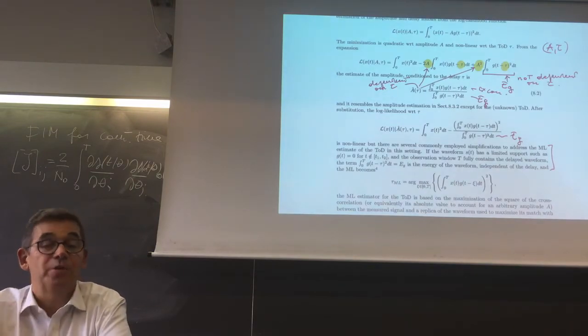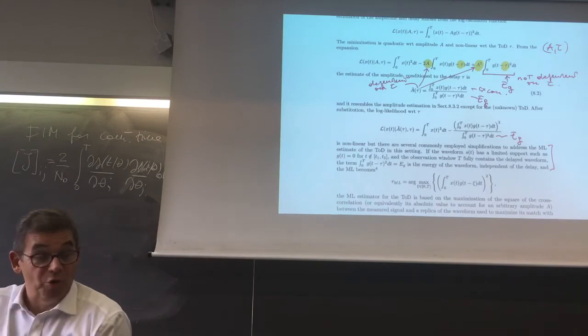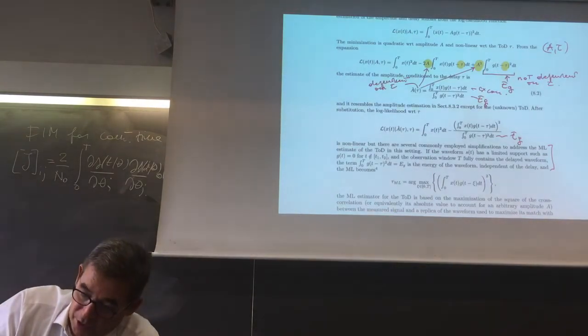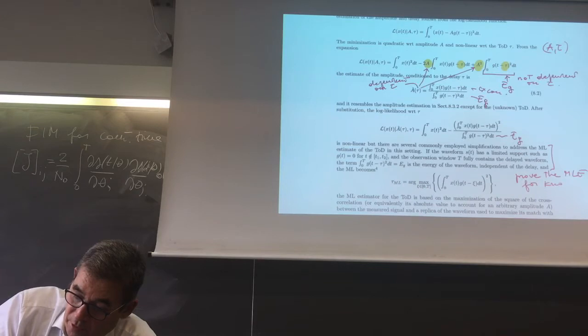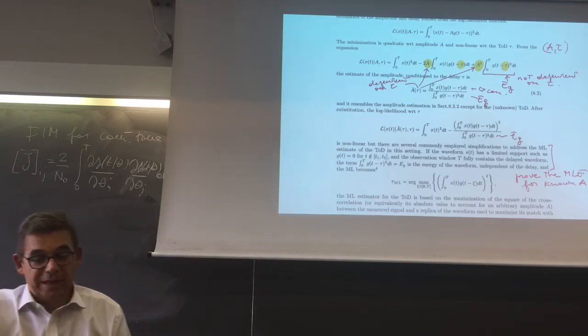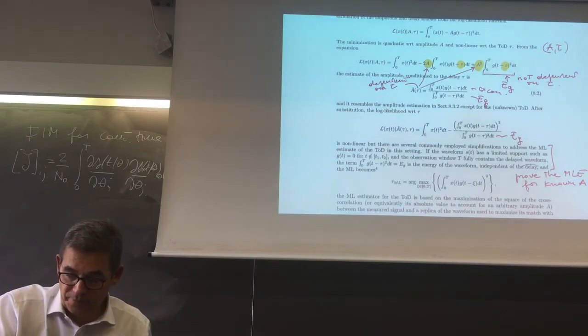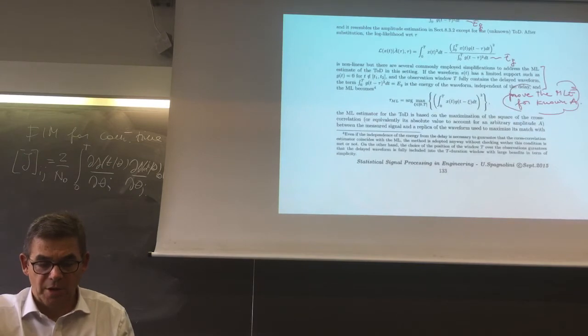If you don't know the amplitude, it is the maximum of the square of the cross correlation. Prove yourself the MLE for known amplitude. Make it by yourself. I think it was in one of the exams.